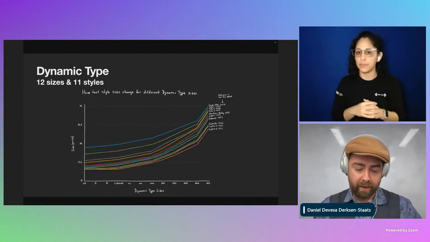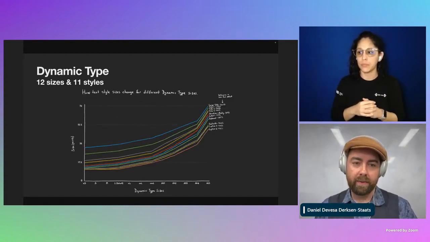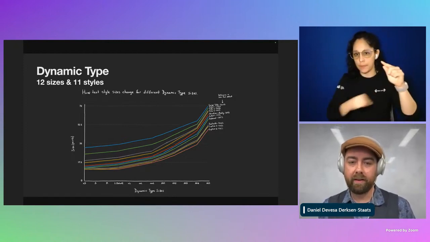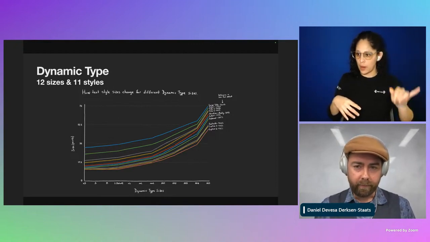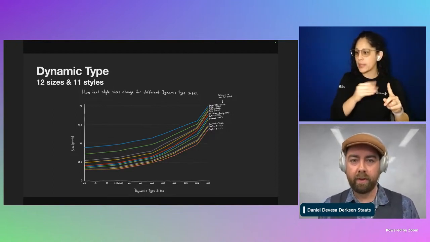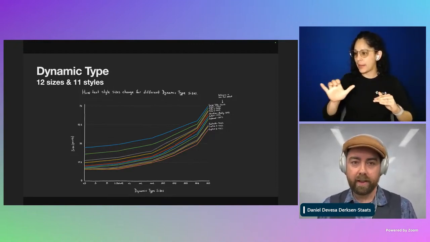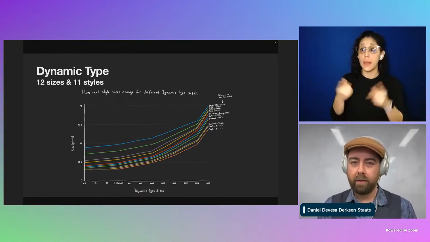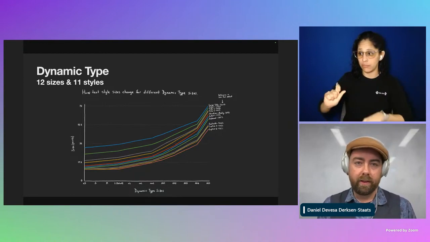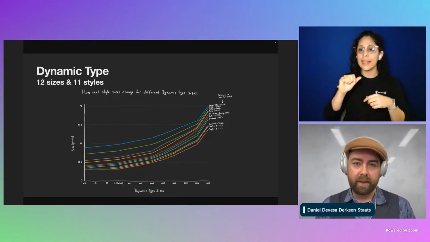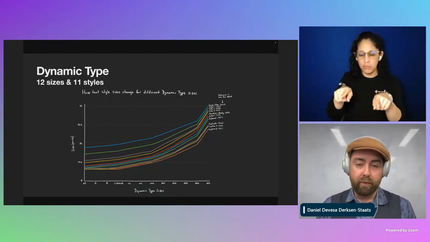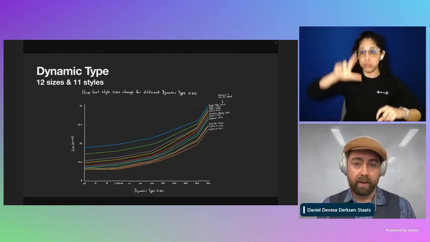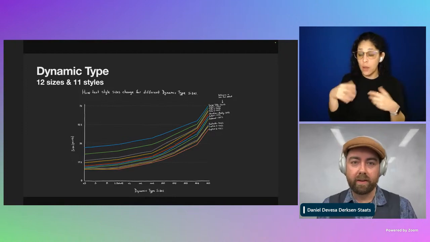I'm showing now a graph, with size in points on the y-axis and dynamic type sizes on the x-axis, because I think it's very interesting to see how Apple treats those text styles. As you increase text sizes, they don't grow linearly or proportionally, but the smaller text sizes tend to increase more rapidly than the large ones, with the idea that styles that are already large don't need to grow as much.